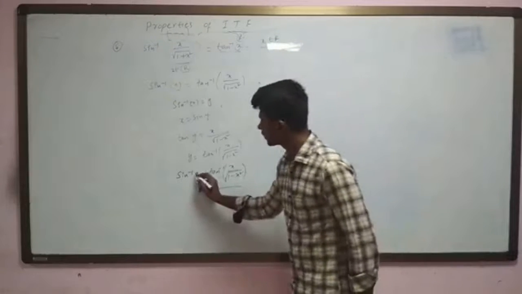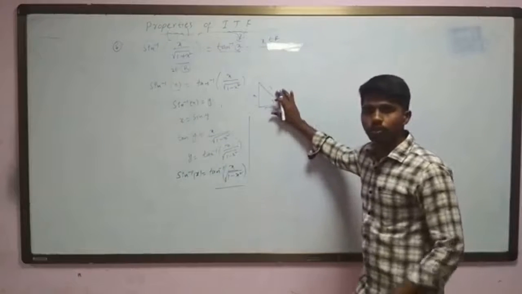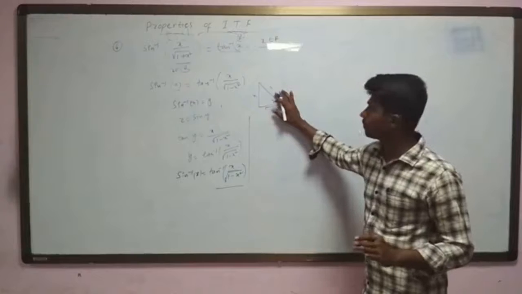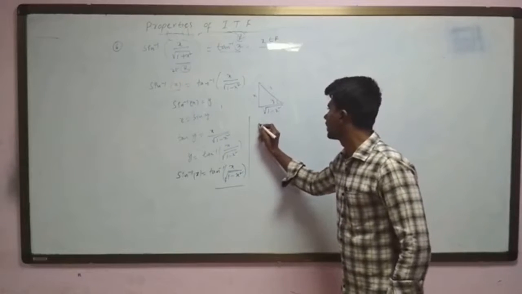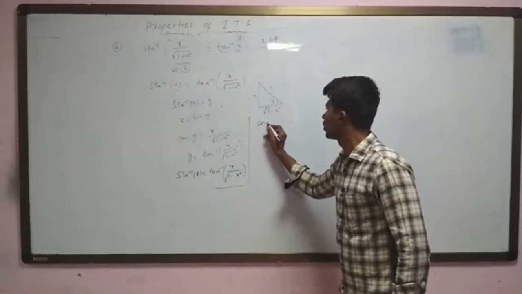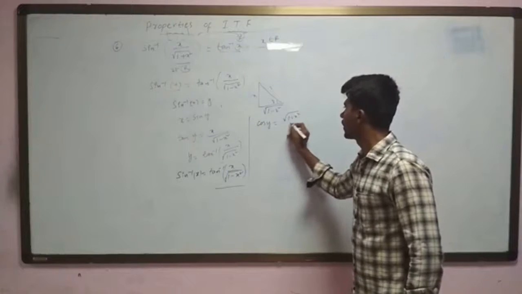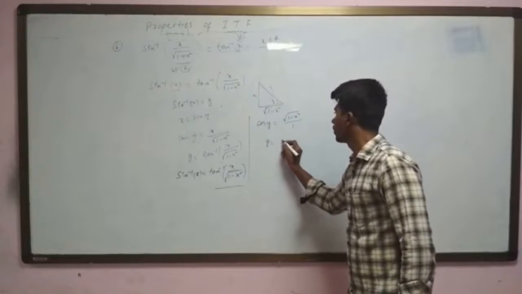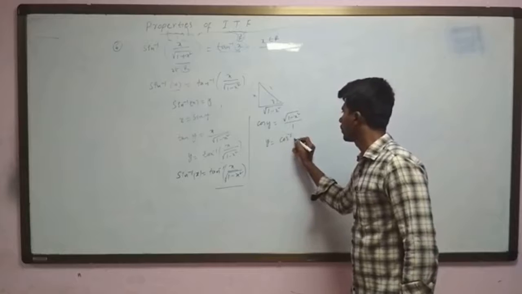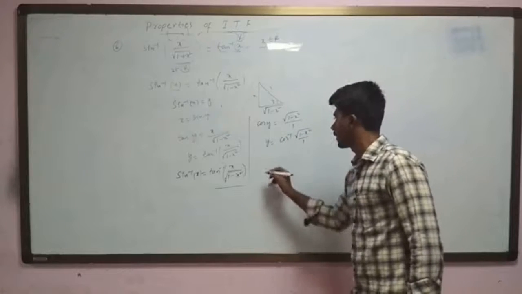Same, we can express this sin inverse x in terms of cos also with the help of triangle. So it's a very important model. See, we can write cos y is equal to root of 1 minus x square by 1. Therefore y is equal to cos inverse of root of 1 minus x square by 1.